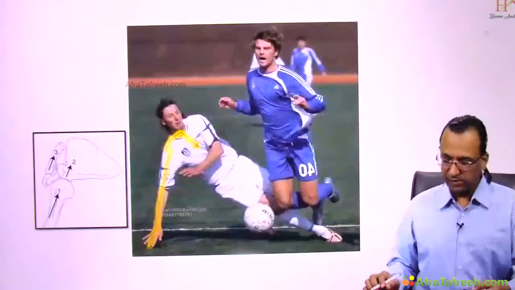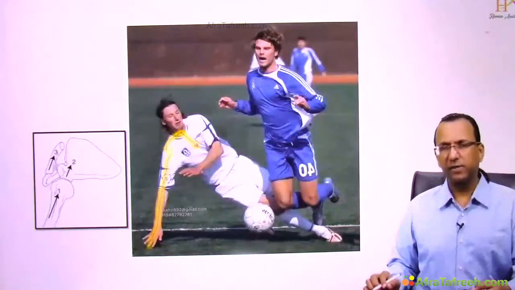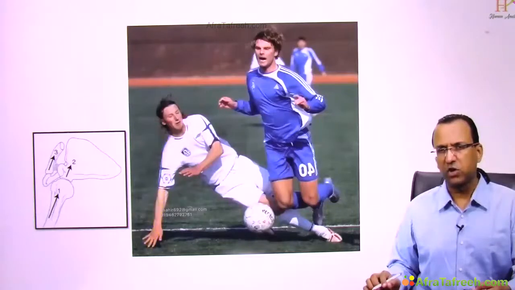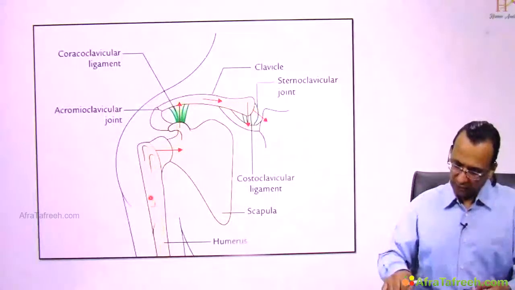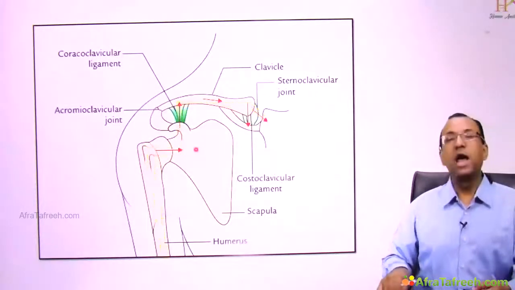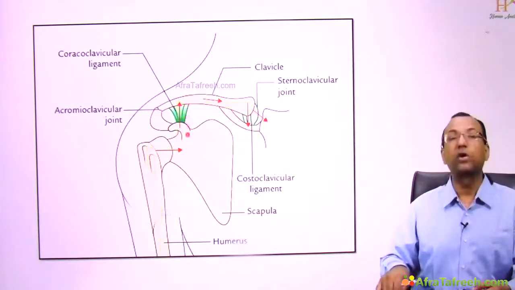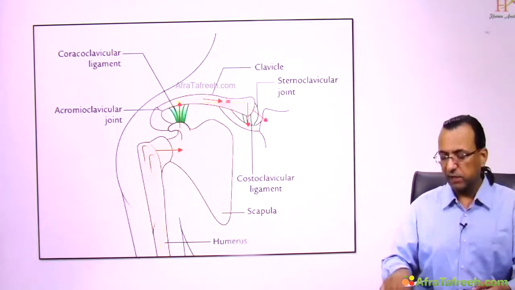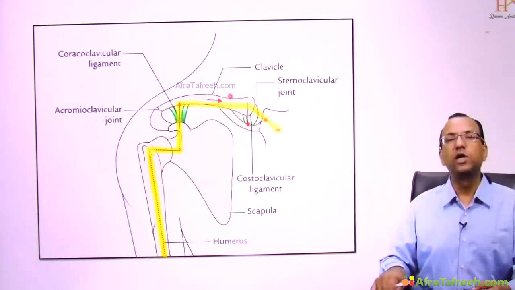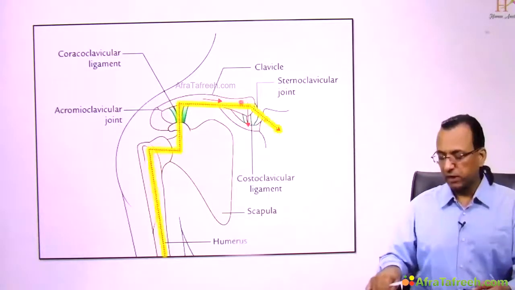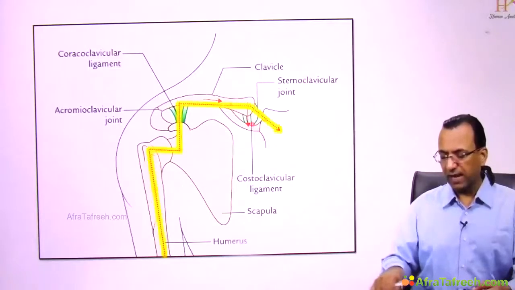Okay, what are the other ligaments then? Let us see the other ligaments also. As there is a thrust on the outstretched hand, it was coming to the humerus bone, and from the humerus bone it was going to the scapular bone, and from the scapular bone it is going to the clavicle bone by this ligament, which is called coracoclavicular ligament, and clavicle will shift it to the ribs and sternum. How will it shift it to the ribs and sternum?